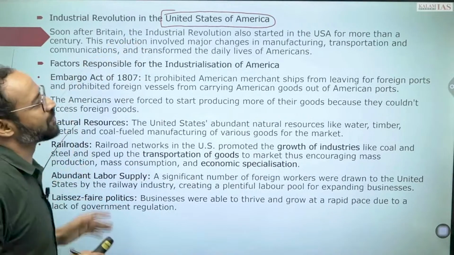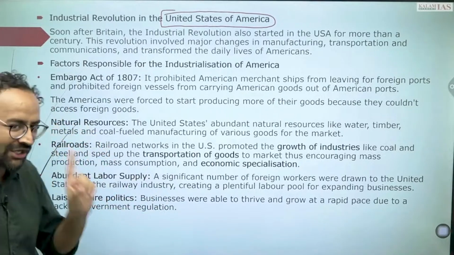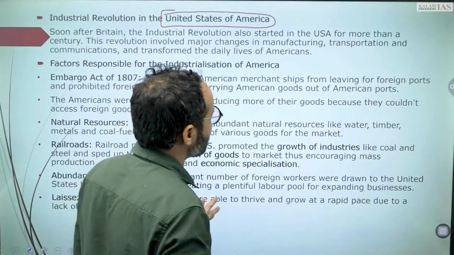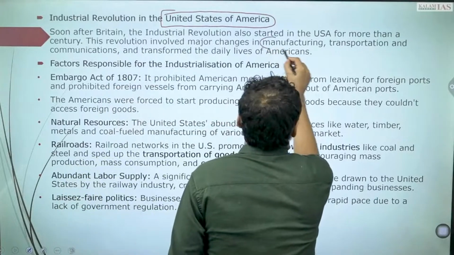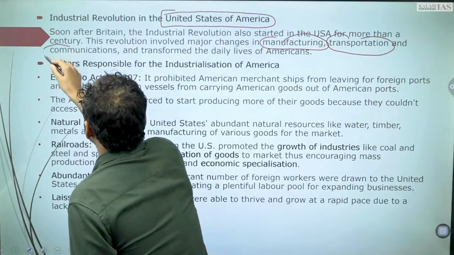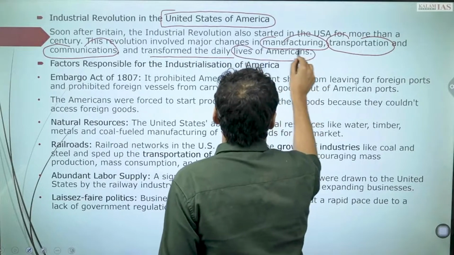The industrial revolution also went on in the USA for more than a century. This revolution involved major changes in manufacturing, in transportation, and in communication, and transformed the daily lives of Americans.